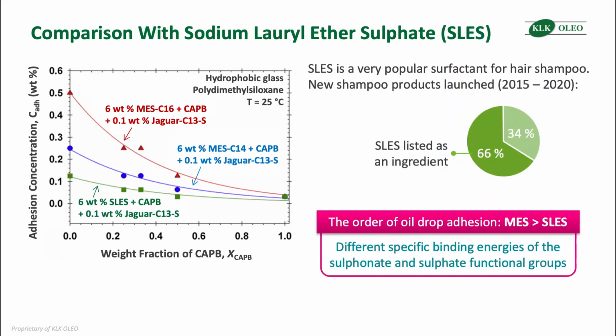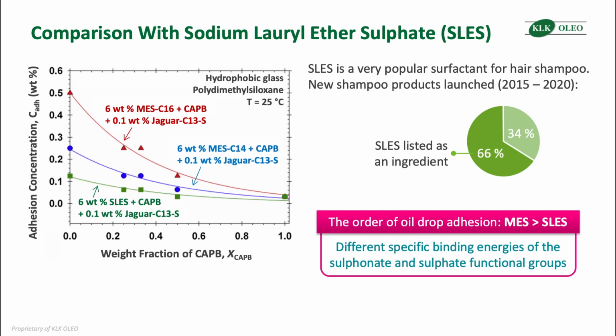Next, we compared the MES-based surfactant systems with sodium lauryl ether sulphate. SLES is a very popular surfactant for hair shampoos. It's listed as an ingredient in more than 60% of the new shampoo products launched in the past 5 years.